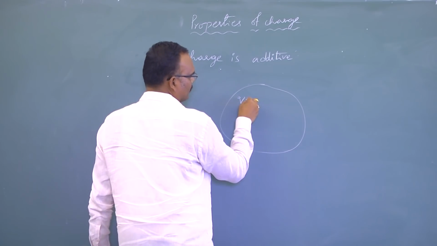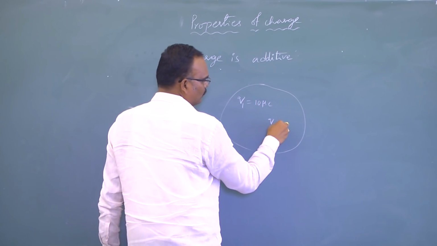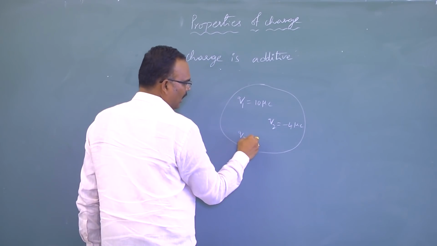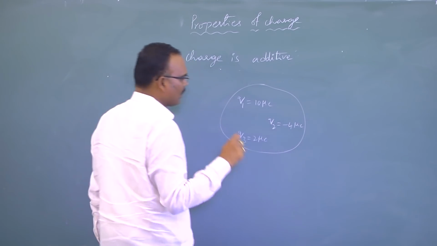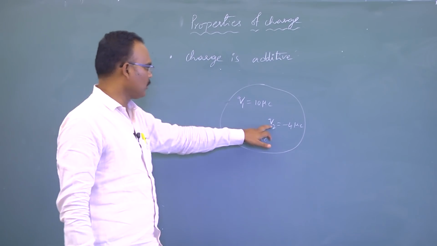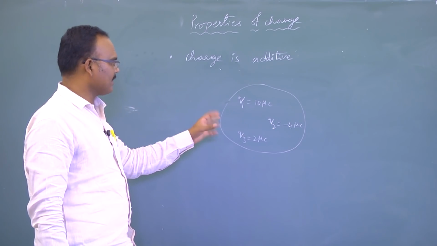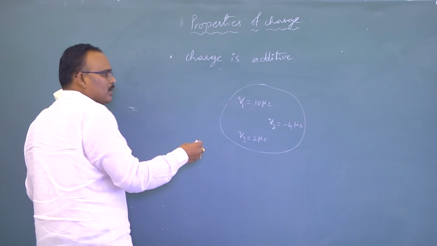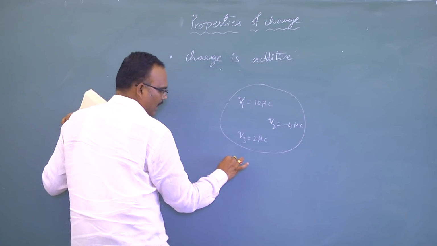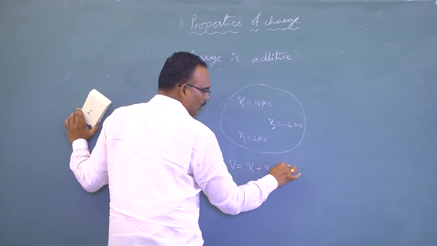Say Q1 is 10 microcoulomb, Q2 is minus 4 microcoulomb, and Q3 is 2 microcoulomb. If you want to calculate the total charge of the system, you need to add these 3 by using simple algebra. So net charge Q is equal to Q1 plus Q2 plus Q3.